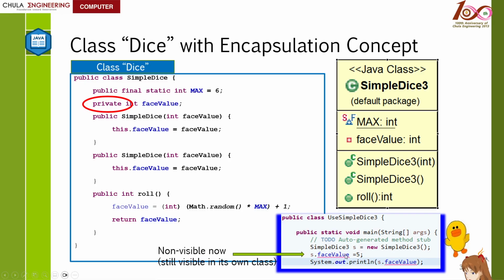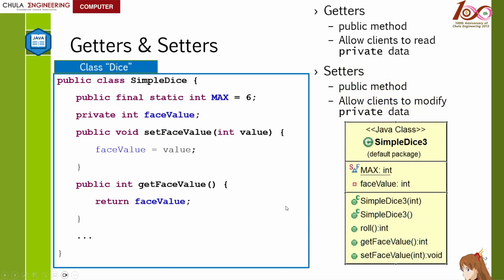That class has to use the methods that you provide in order to read and write that variable. That's what we have seen in the previous example. To allow the user of your class to modify the values, they have to use your provided methods. And the simple provided methods are getters and setters.